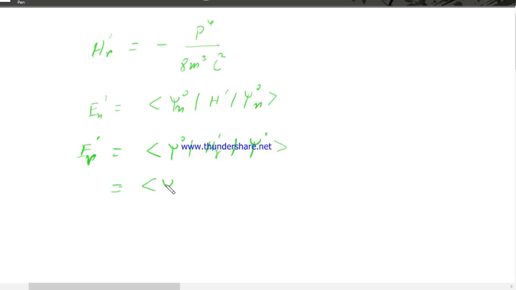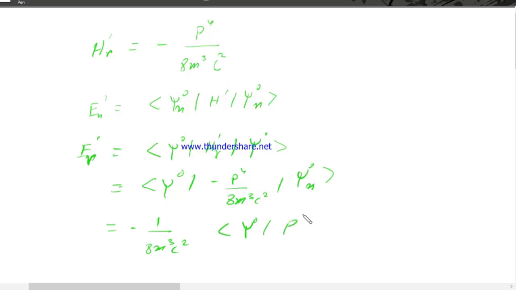Now we put the value of the relativistic Hamiltonian, minus p to the power 4 divided by m cube c square, between psi naught n. This is constant, so we shift this constant, minus 1 over 8 m cube c square, outside, and then psi naught, p power 4, psi naught.